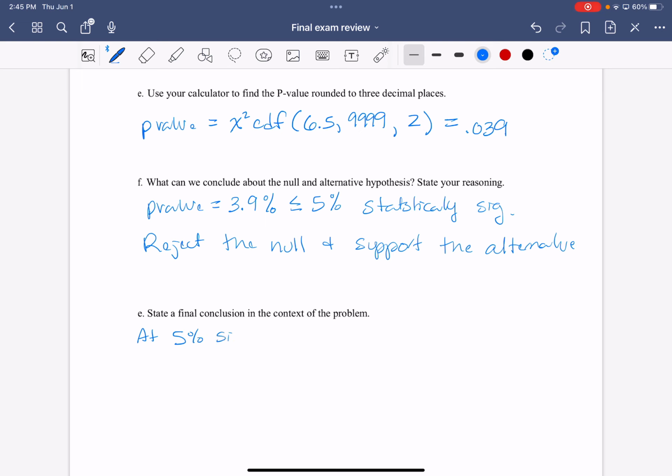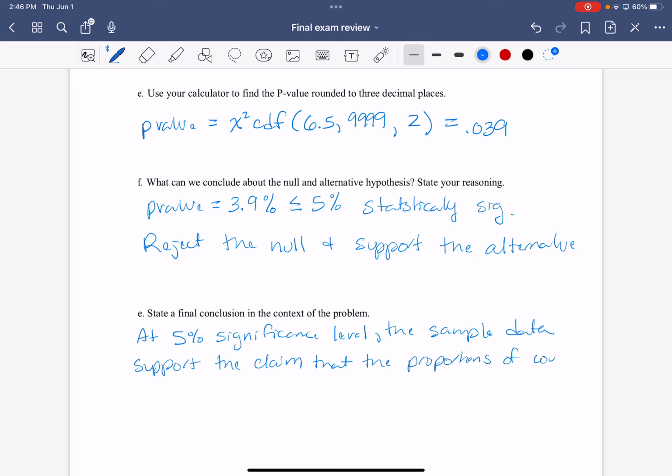At 5% significance level, the sample data support, because we're supporting here, the sample data support the claim that the proportions of coupons, being, we had said it was 60% offer A, 25% offer B, and 15% offer C, are not all correct.